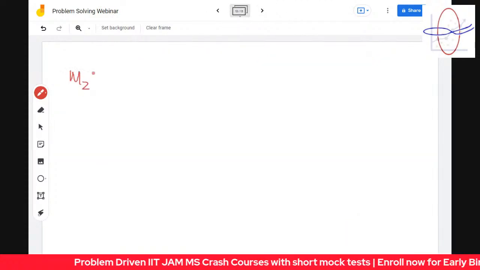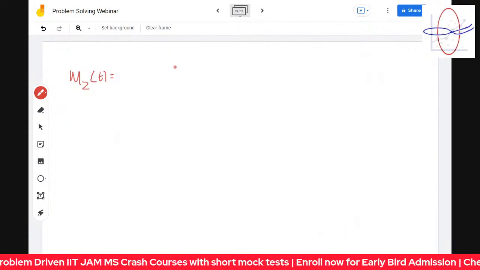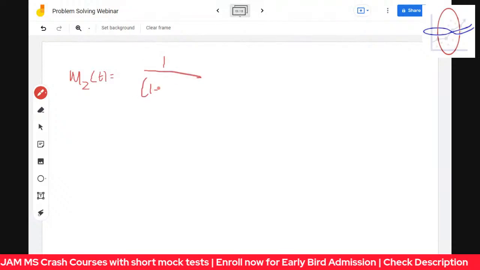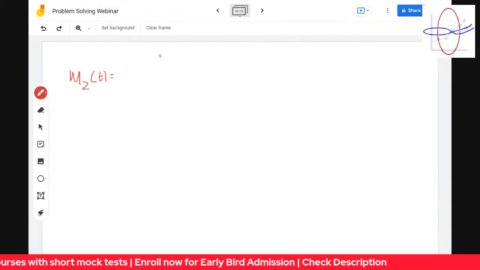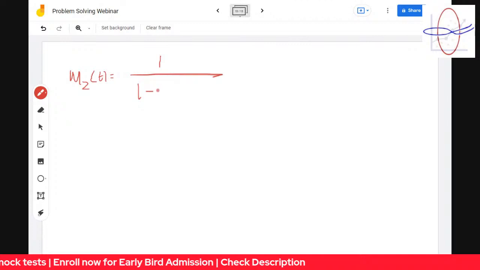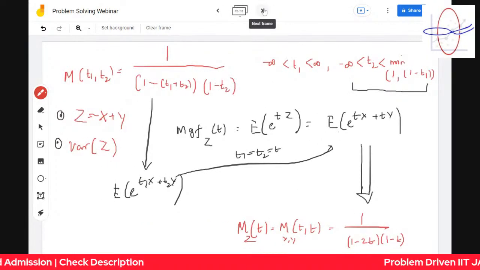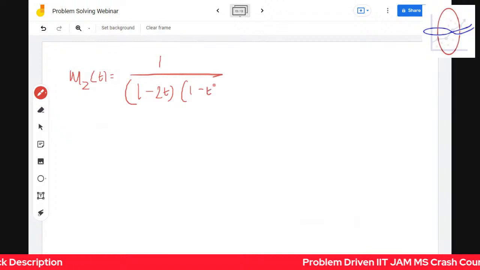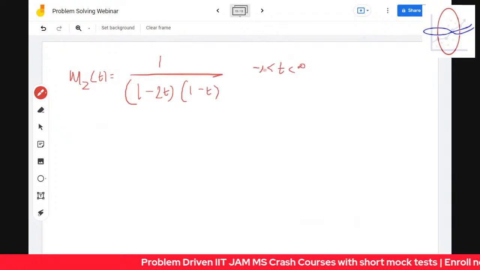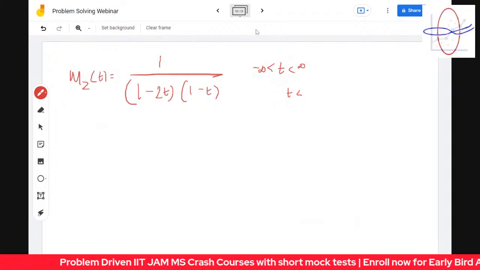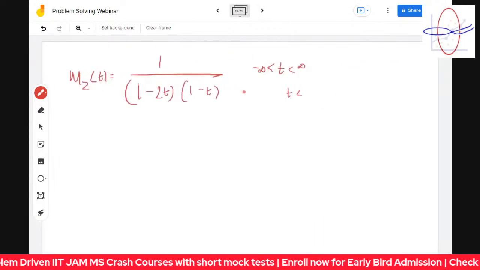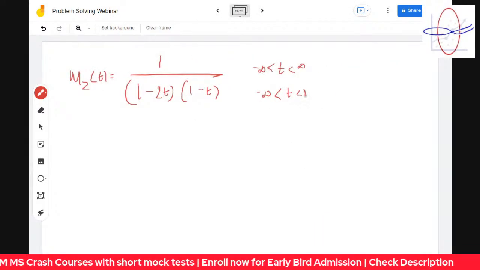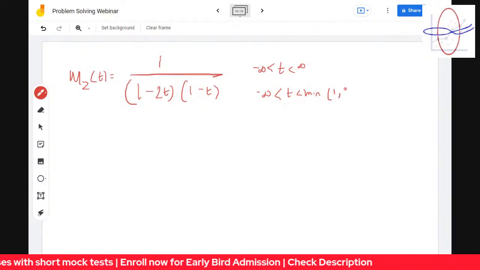That MZ of t is equal to 1 by (1 minus 2t) into (1 minus t), with the condition that t is less than the minimum of 1 and 1 minus t.